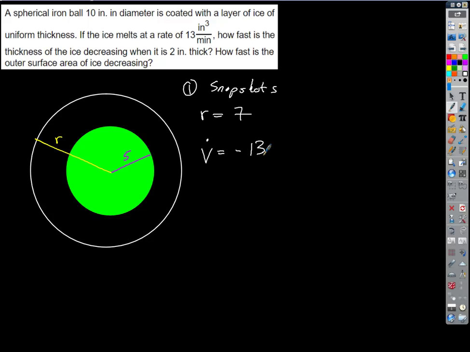And then what are we looking for? R dot. Everybody see that? Because if we're asking how fast the thickness is changing, isn't that the very same rate at which the radius is changing? Hypothetically, if the thickness was decreasing at a rate of 1/4 inch per minute, wouldn't the radius also be decreasing at 1/4 inch per minute?